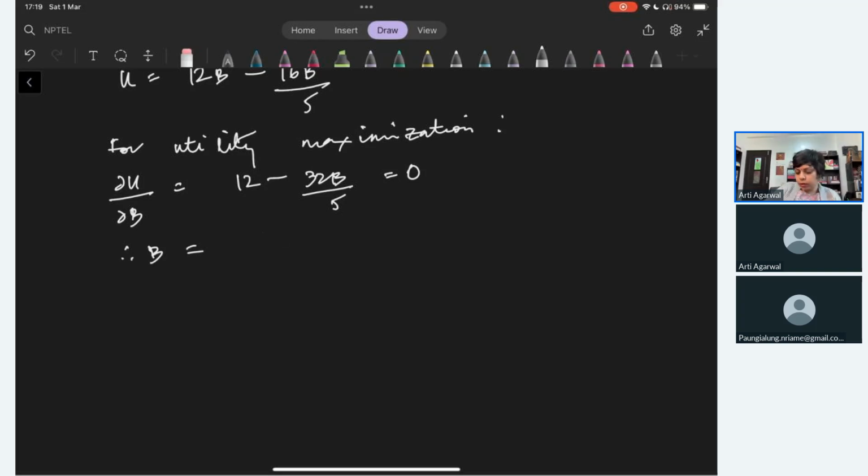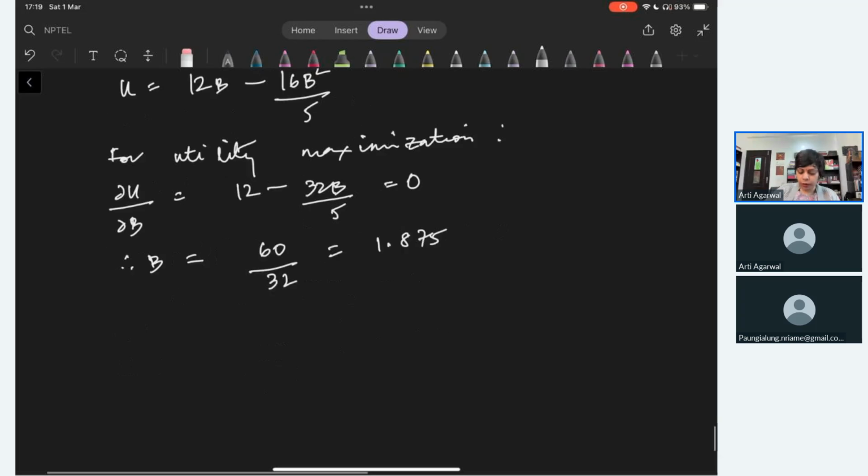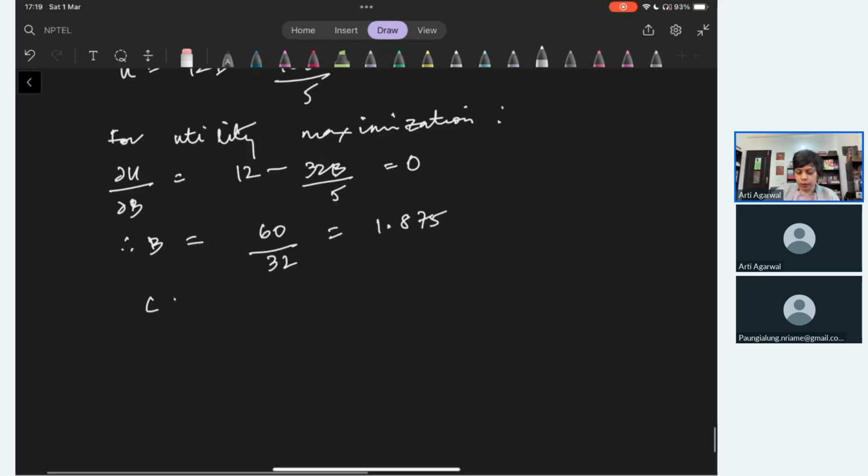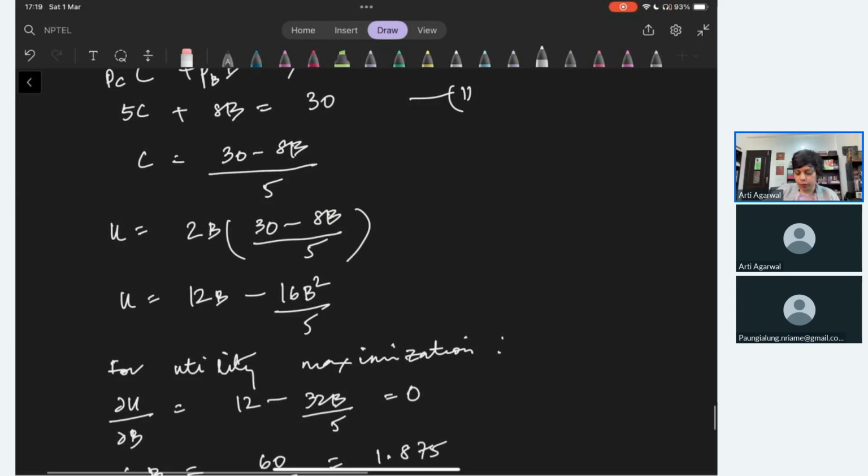Therefore, B is 60 upon 32, and we can calculate this. This comes out to be 1.875. Okay, now we know the value of B, we can compute the value of C. C is equal to (30 minus 8B) by 5.